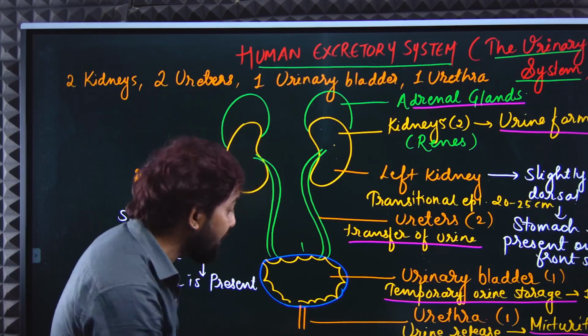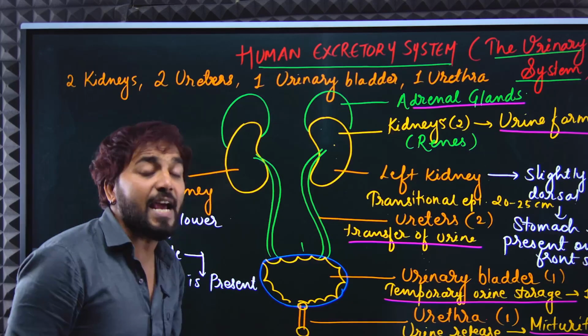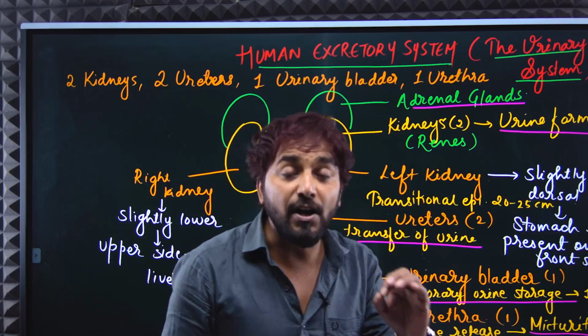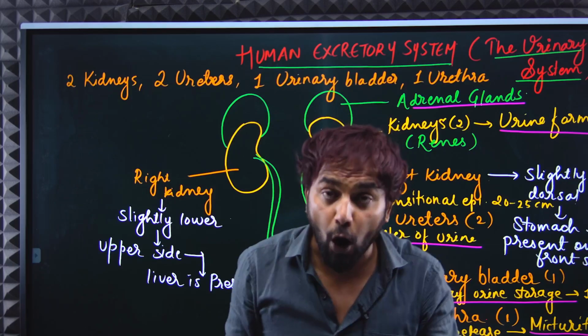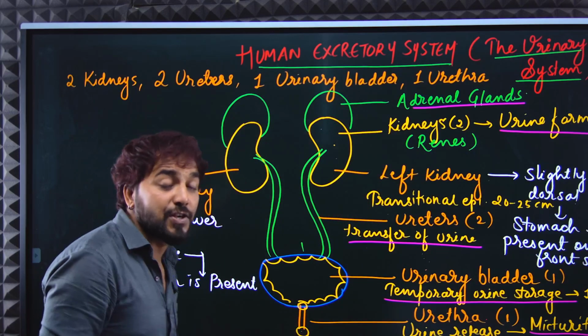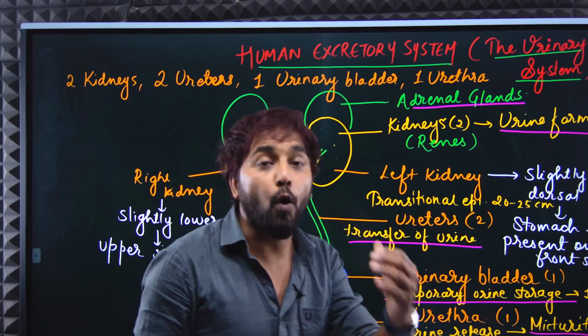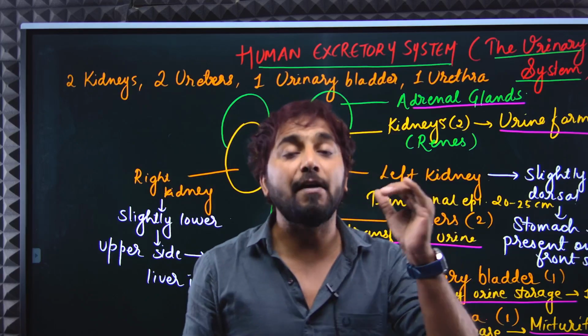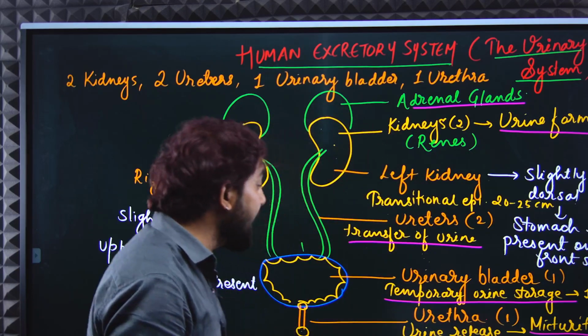When it comes to the urethra, you have an internal sphincter and the external sphincter. The internal sphincter, previously in the infant stage, is involuntary. The external sphincter is involuntary, and later it gets converted into voluntary, and that is why we have control over micturition or urination.